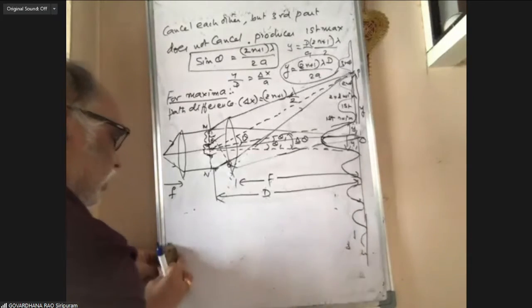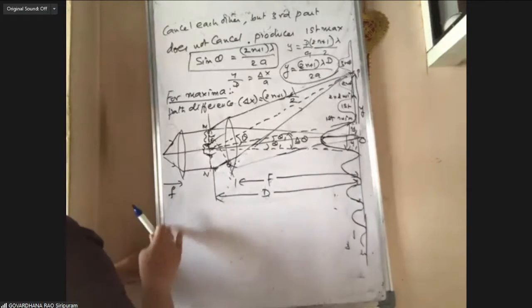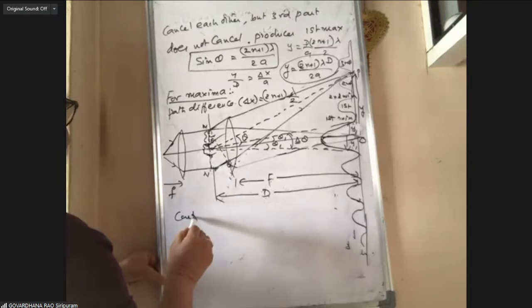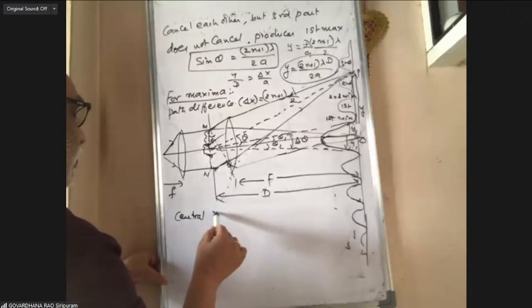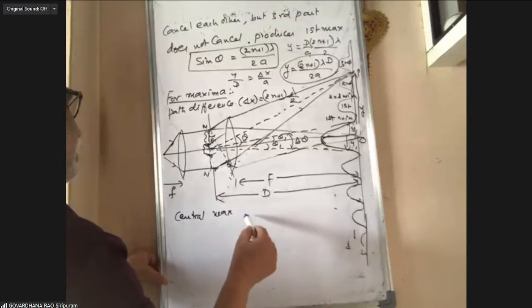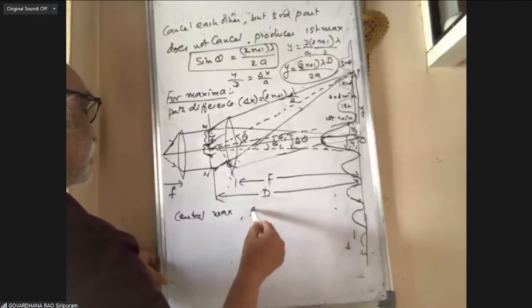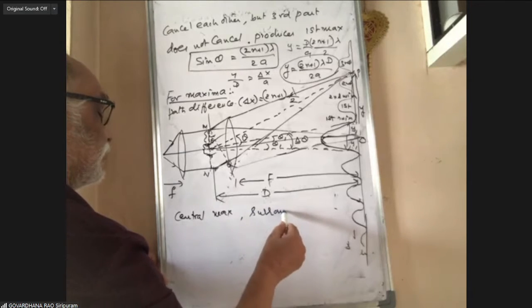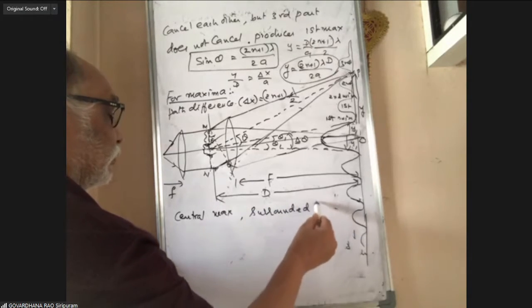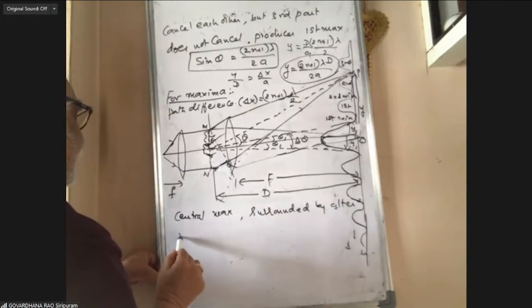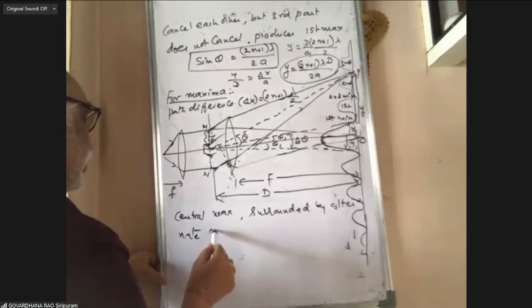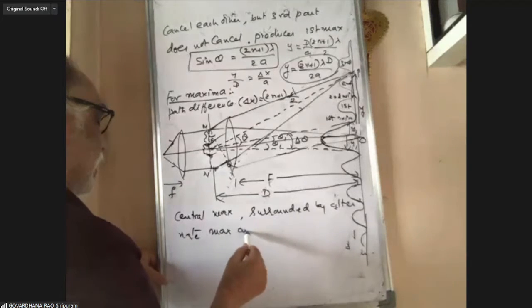So here, the central maxima is surrounded by alternate maxima and minima.